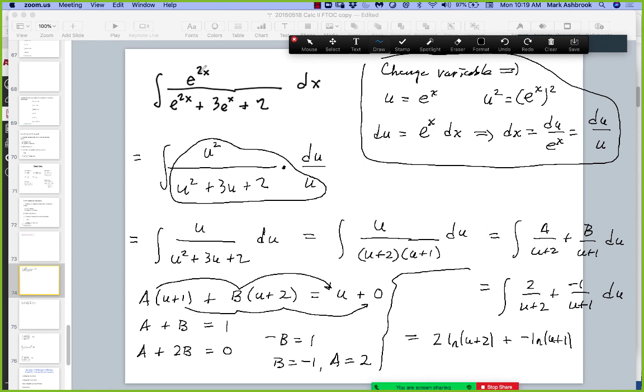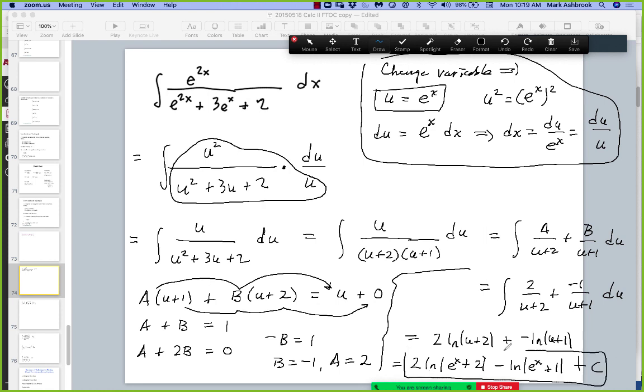This was the rate function in terms of x, and we want the closed form of the net accumulation function in terms of x, so we go back to u is e to the x. So we got 2 natural log of e to the x plus 2 minus natural log of e to the x plus 1, and then we can add our plus c in there.